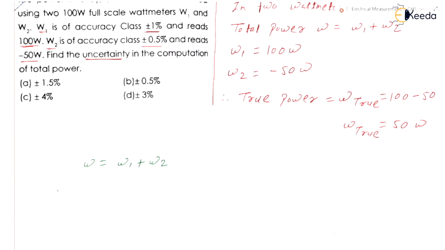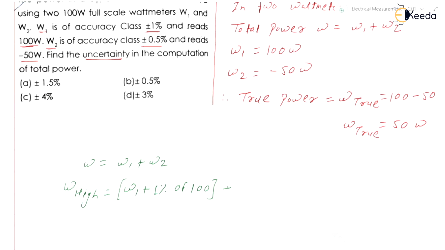In order to find the maximum error, we need to find the highest possible value of W, because W will be high when W1 plus W2 is at a high value. But W2 is negative and W1 is positive. So I am writing W1, that is a reading, plus 1% of 100, that is the full scale reading.